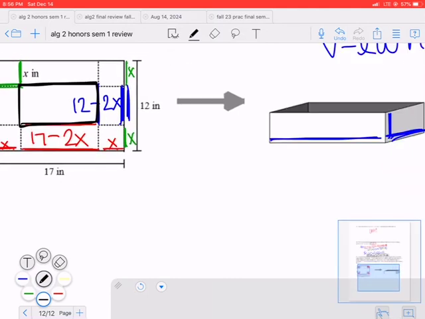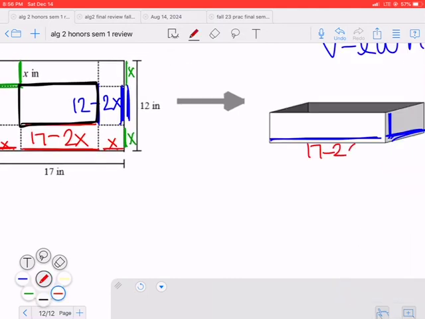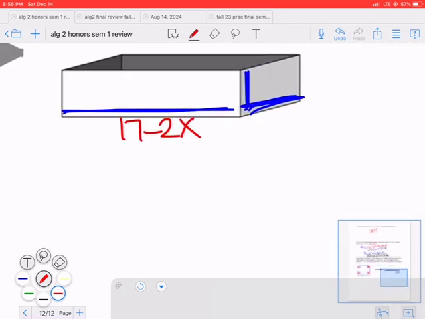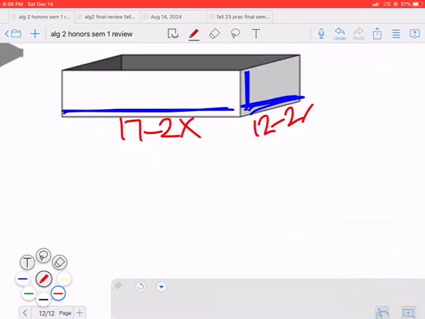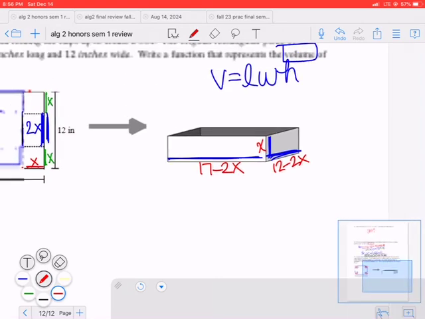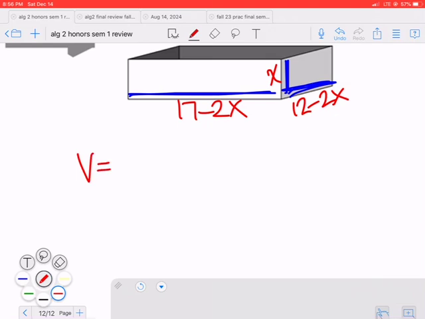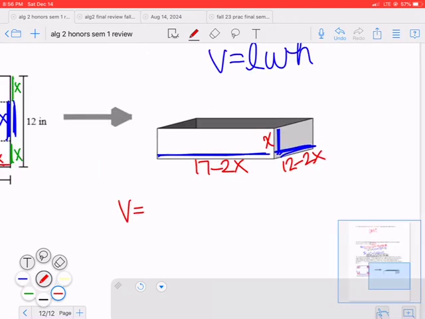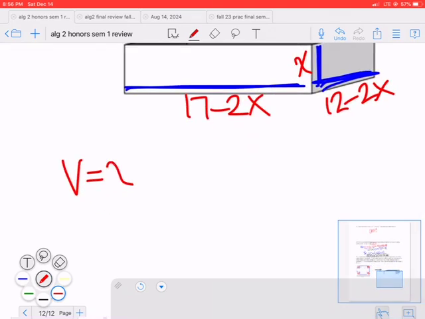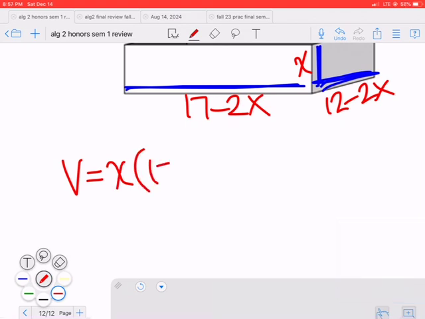So the length is 17 minus 2X, the width is 12 minus 2X, and the height is X. So volume is length times width times height. It doesn't matter what order you put those in because they're all multiplying, so I'm going to put the X first and then the other two.